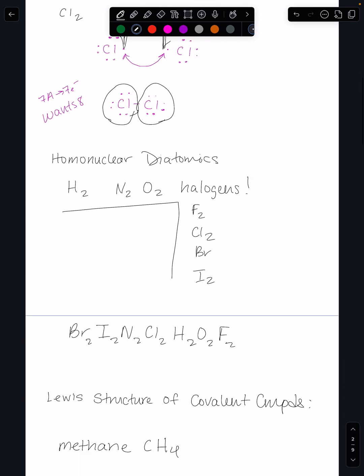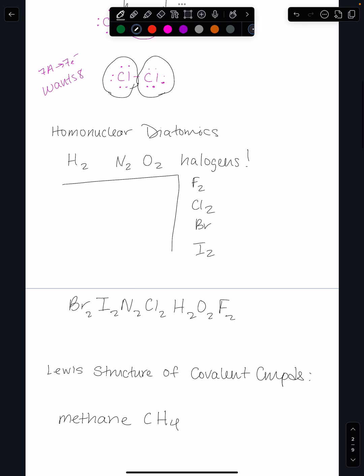And one of the really interesting things is there are several compounds that exist in nature bound to themselves as molecules. So whenever you see hydrogen, nitrogen, oxygen, or any of the halogens, they do not exist as just H or just N or just O. They exist bound to themselves. So they actually exist as H2, N2, O2, F2, Cl2, Br2, and I2.